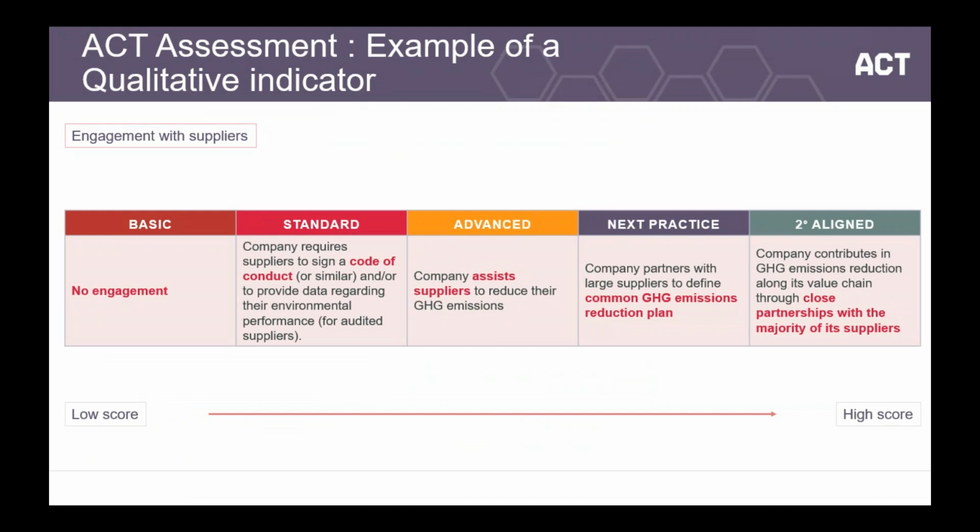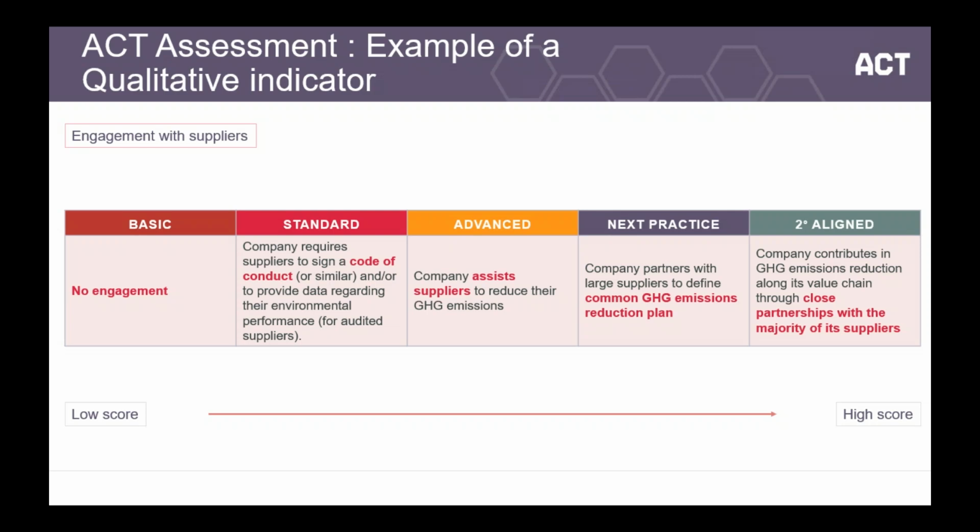The other kind of indicator is what we call a qualitative indicator. So here is an example of how ACT proposes to assess the level of engagement of the company to work with suppliers towards low carbon transition. This qualitative indicator is called the maturity matrix.